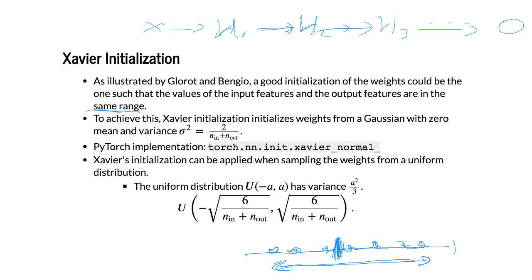This idea of keeping the range similar for input and output features was proposed for the first time by Glorot and Bengio for initializing the weights of a neural network, and it resulted in a method for initialization which is called Xavier initialization.